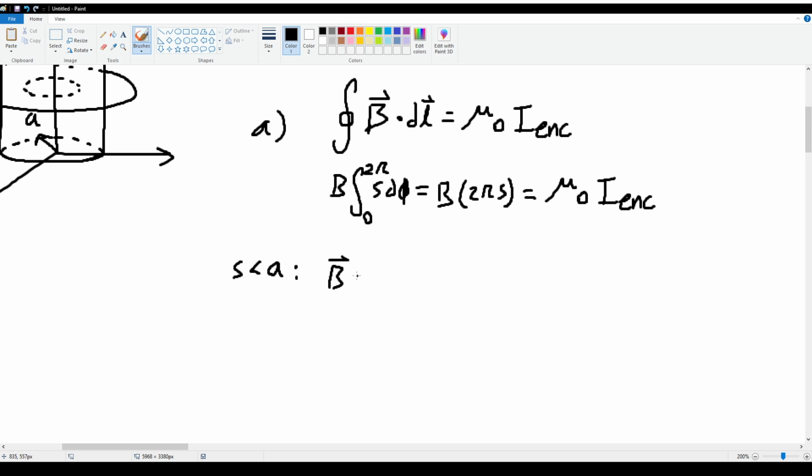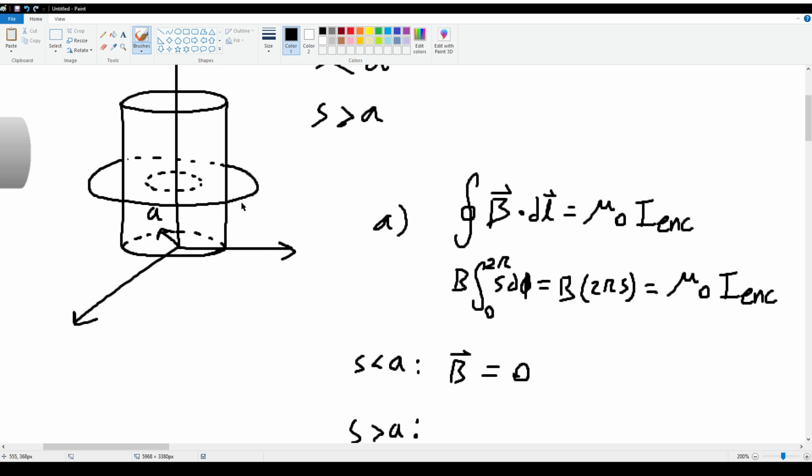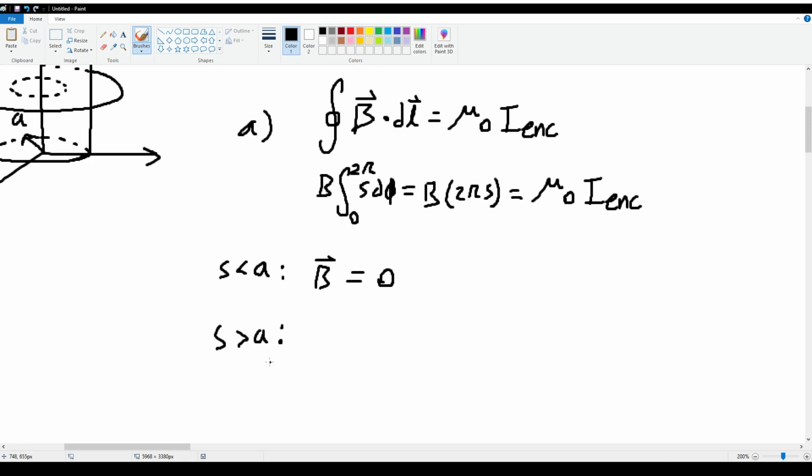So the magnetic field just ends up being 0 for this case. And then for S greater than A, so on the outside, so this loop right here, we just divide by the 2 pi S, right? So we get mu naught I over 2 pi S.